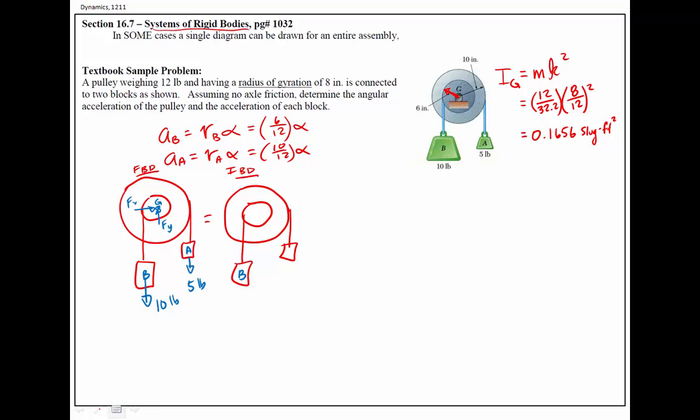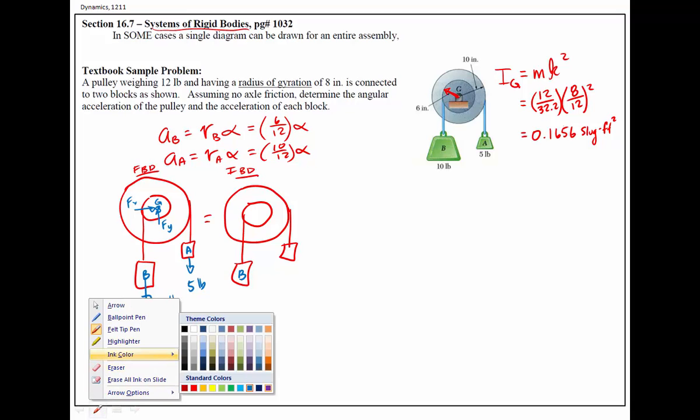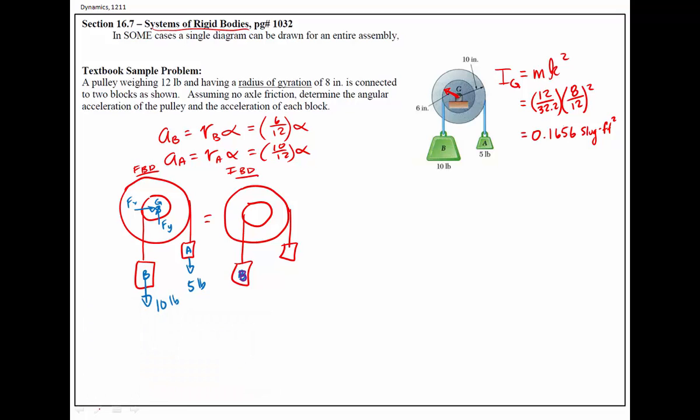Let's see, I can switch colors again. We'll go purple. Block B has inertial properties here, or inertial forces of mass of B times the acceleration of B. And the block at A, though, is going to be going upwards, so it's going to have the mass of A times the acceleration of A. We're also going to have inertial acceleration by way of the moment, the angular inertial acceleration.